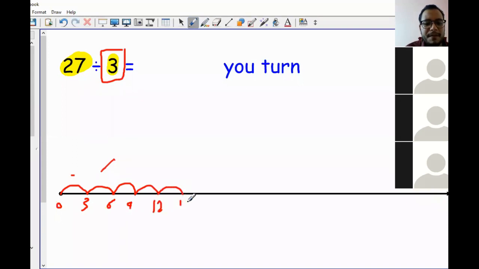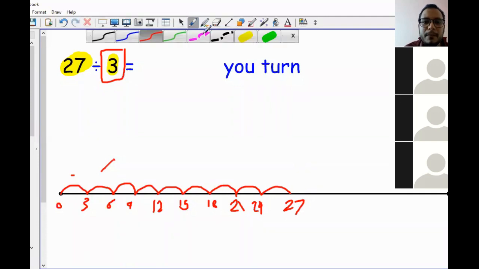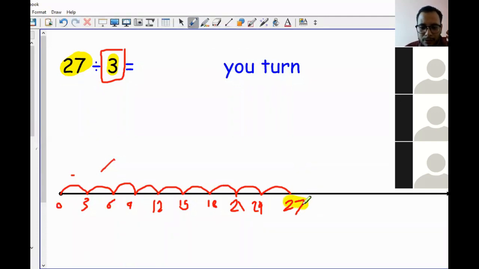Plus 3 equals 15. Plus 3 equals 18. Plus 3 equals 21. Plus 3 equals 24. Plus 3 equals 27. And I should stop here because I landed on 27.